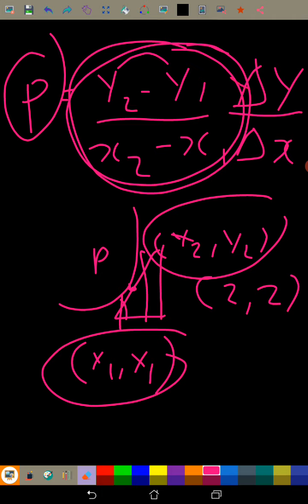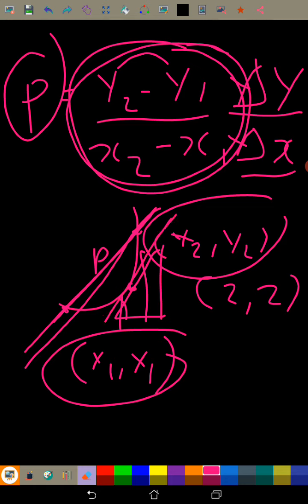And this delta x has to be very small. We cannot take points that are very far away. So here the gradient is like this, but here it's not the same angle.